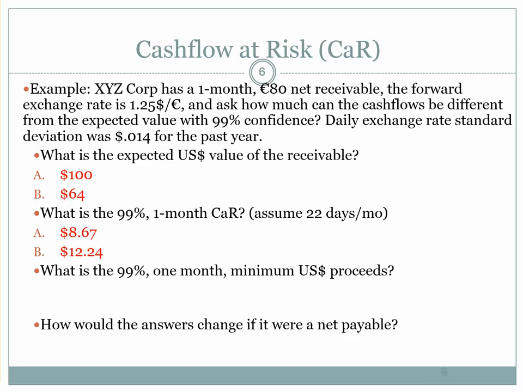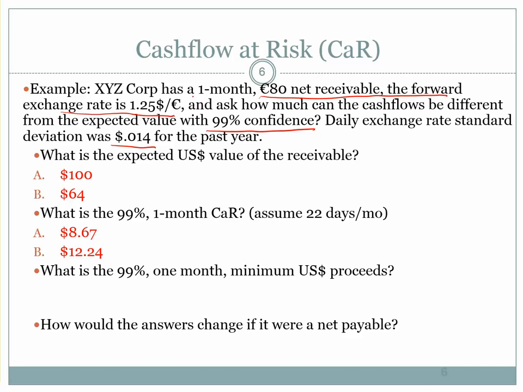So here's a simple problem, just like the last one. What's the expected dollar value of a receivable that's 80 euros at an exchange rate of $1.25 with a 99% confidence rate? The daily standard deviation of the exchange rate is 1.4 cents per euro.